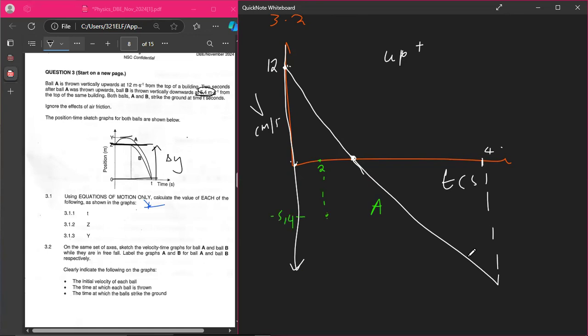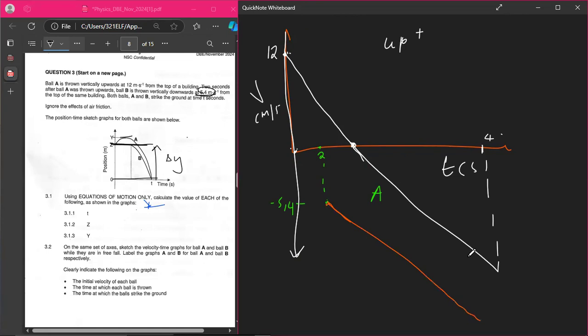It goes down and hits the ground at 4 seconds. So we can notice that they hit the ground at the same time, at 4 seconds. That is ball B, and then we are done with that graph.